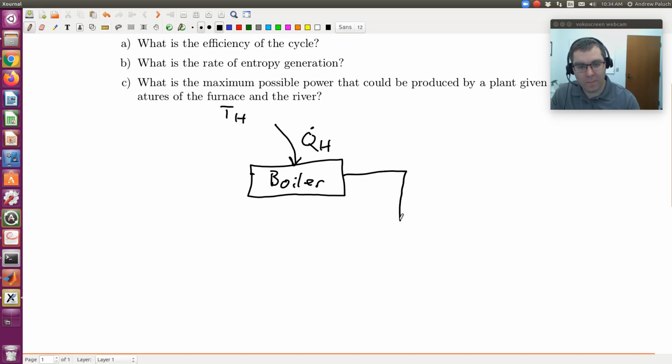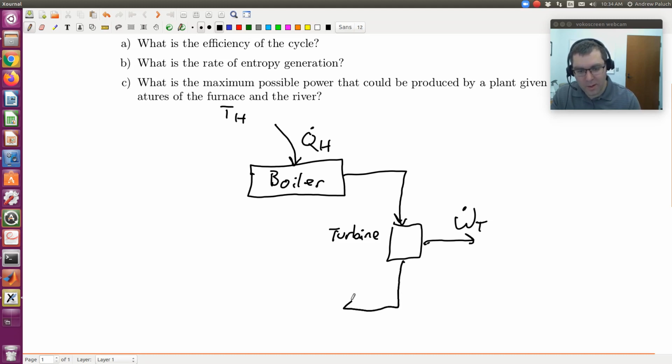Then from my boiler, I'm going to go to my turbine. Sorry, I'm just going to draw everything as a box, given my artistic abilities. My turbine's going to produce work, so this is where I'll get some work out, and let me label it WT for my turbine.